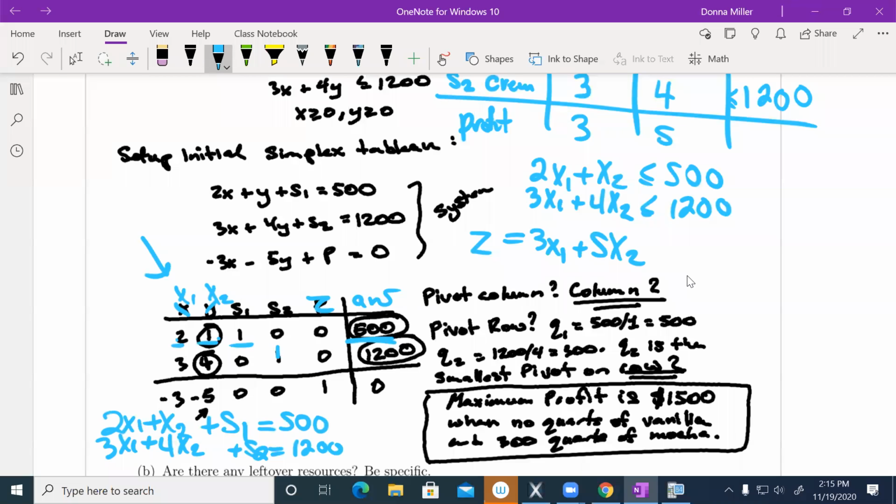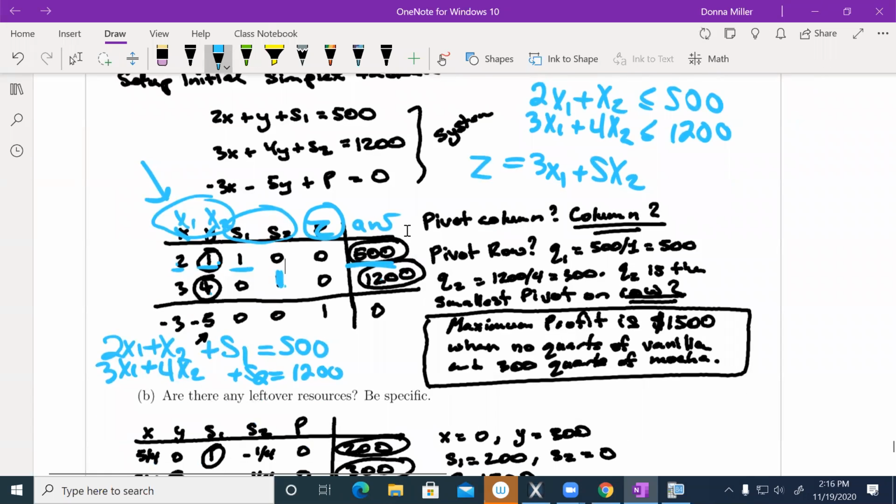You see they put the 1 in for S2 here. For this matrix, you put your x's, followed by your slack variables, then Z, your objective, and then your answers. Now I only had 2 constraints, so those are in there.